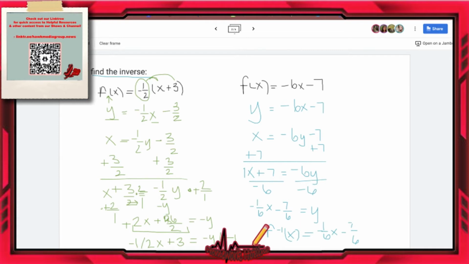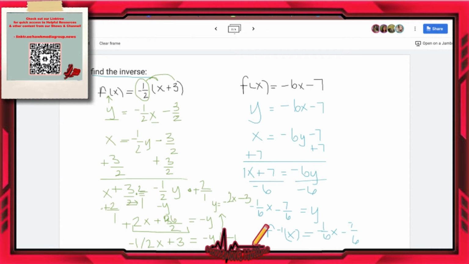So then your final answer would just be y, or again f of negative 1x, is going to be equal to negative 2x and then minus 3, because your positive 2x is going to become a negative, and then your positive 3 is also going to be negative.